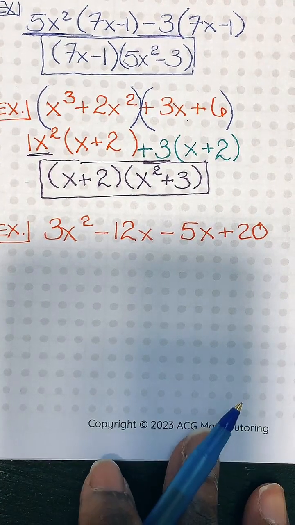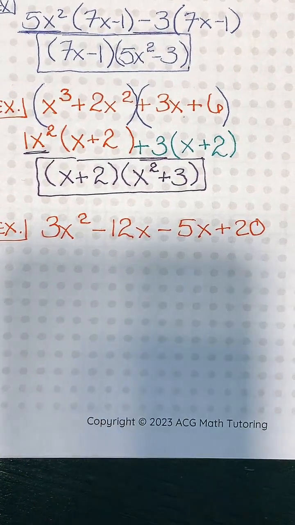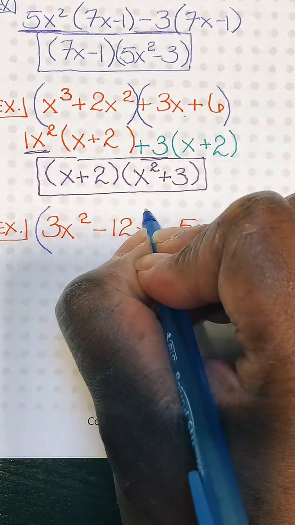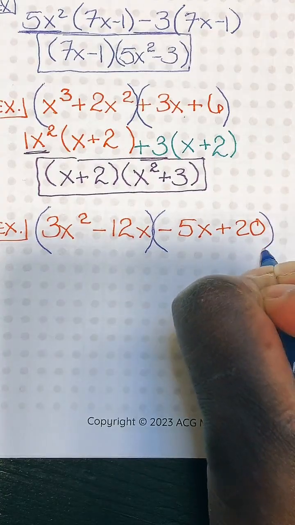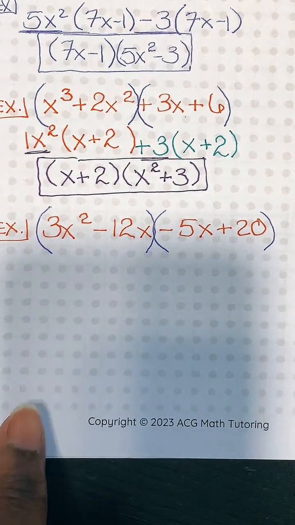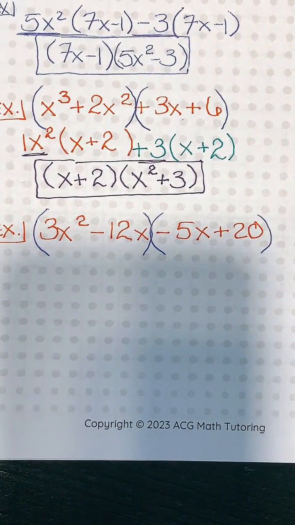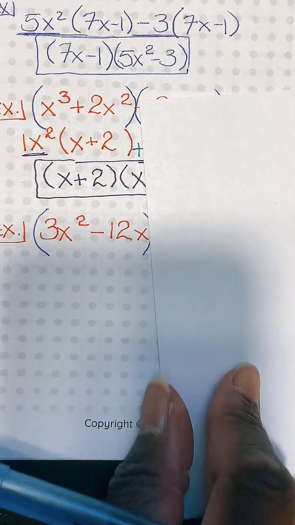Oh, sweet. All right, so we have 1, 2, 3, 4 terms. So we're going to do, I know, mind-blowing grouping. So we're going to group the first 2 terms, and we're going to group the last 2 terms. All right? So now, after we do that, I'm going to cover up the last 2 terms.